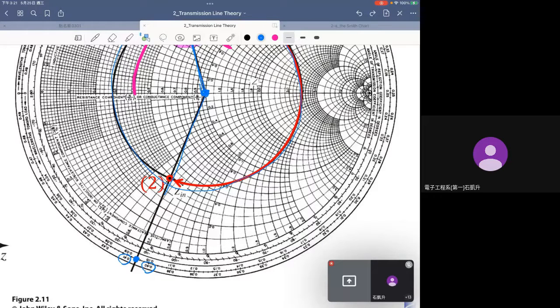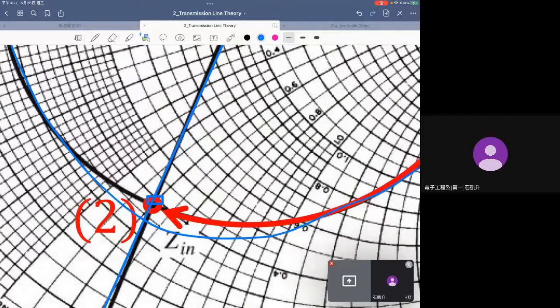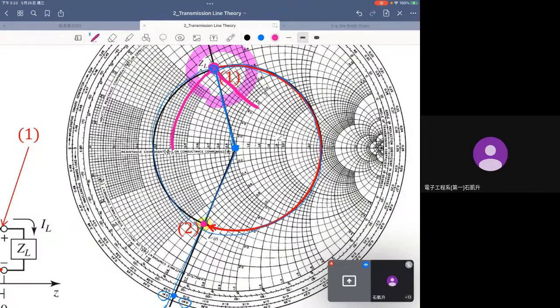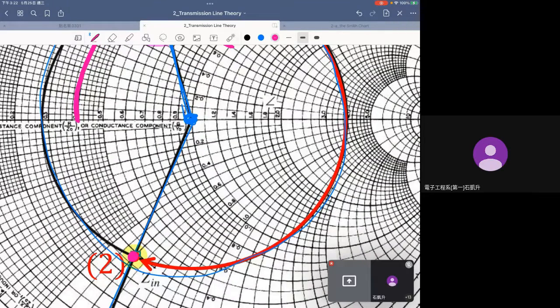Okay, and this new blue line will intersect with your black circle, and the answer will be this. Okay, but it is not finished yet. What you need to do is to read this number. So what is the number of this?